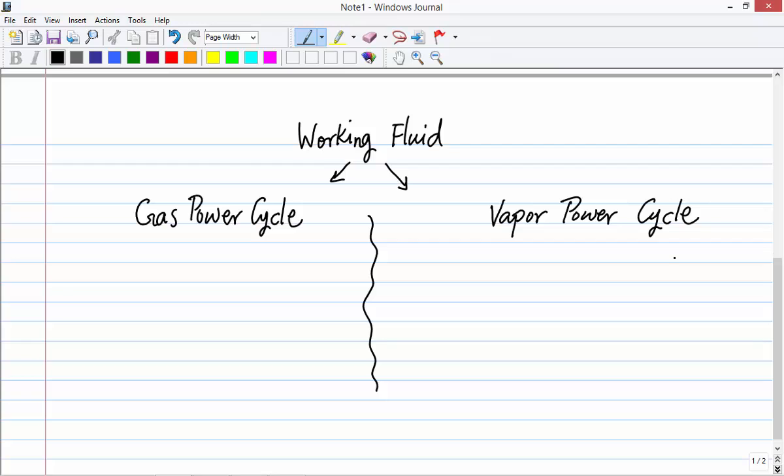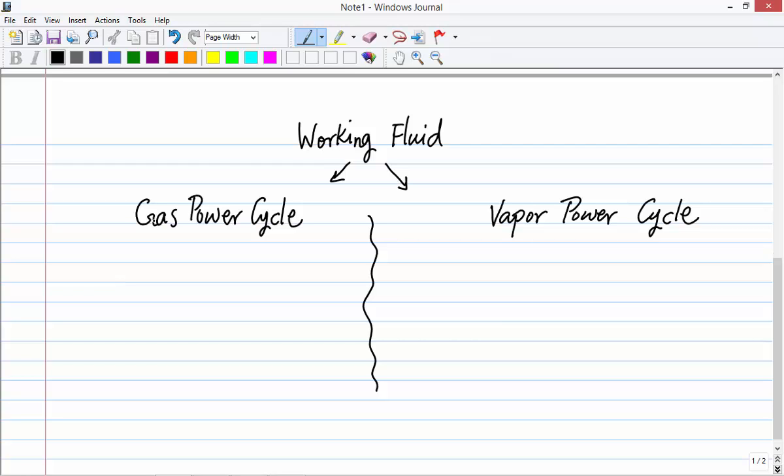On the other side, if we have something that evaporates and we deal with different phases of the material, like liquid and vapor together, then that would be a vapor power cycle. For example, we might work with R134A or water, so we might have different phases of H2O or R134A.